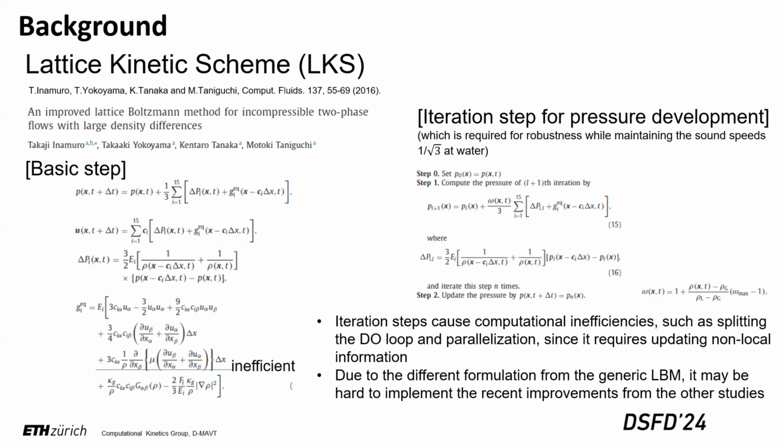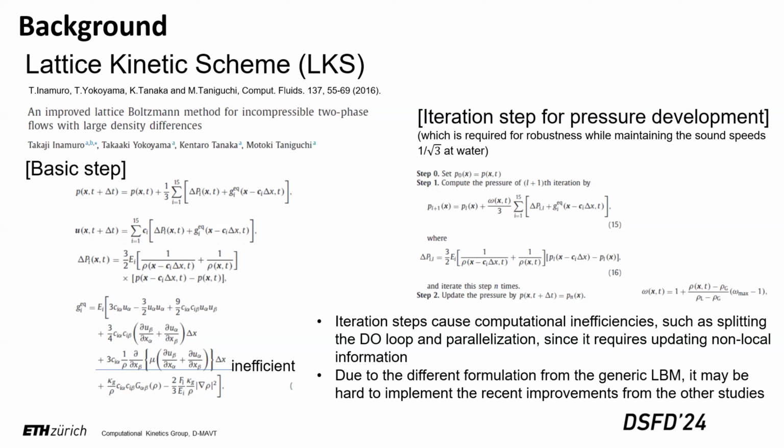So that's a promising way because we can implement a lot of recent enhancements from academic study. But the one issue is that they introduce some iteration step here to enhance stability.